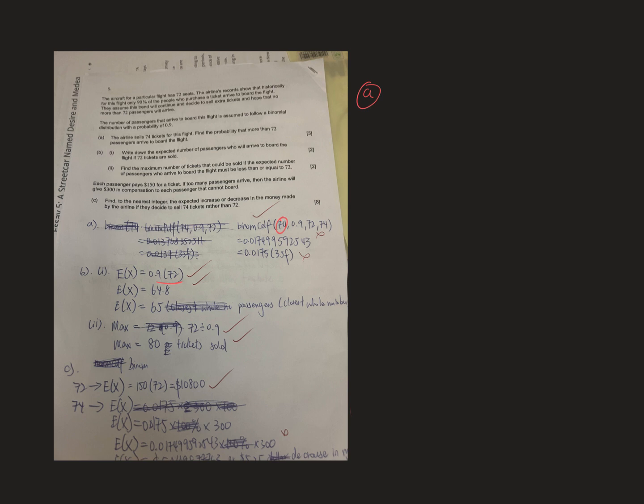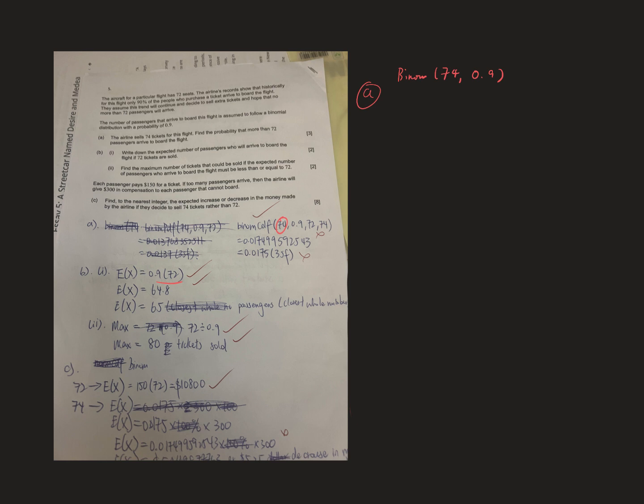This is a scenario in which the aircraft can only accommodate 72 seats, but usually the airline company will sell extra tickets in order to gain extra money. Right now the airline company sells 74 tickets, and the probability of arriving is 0.9.